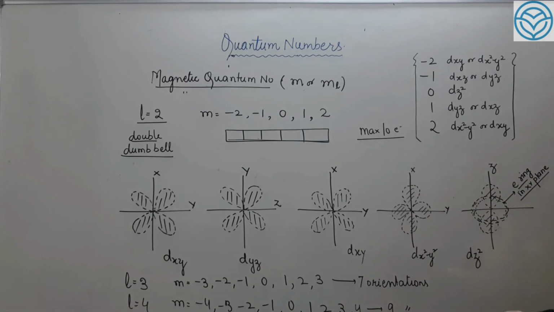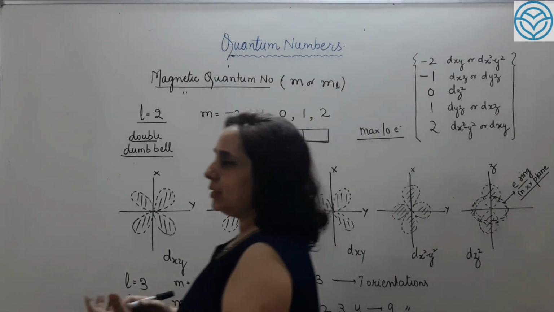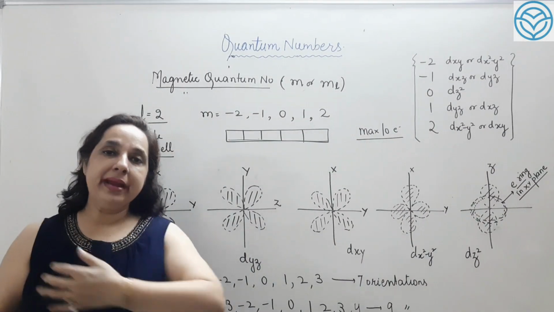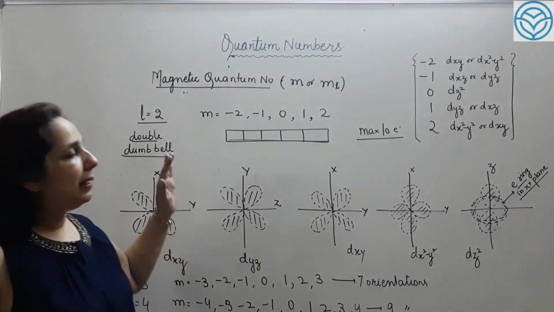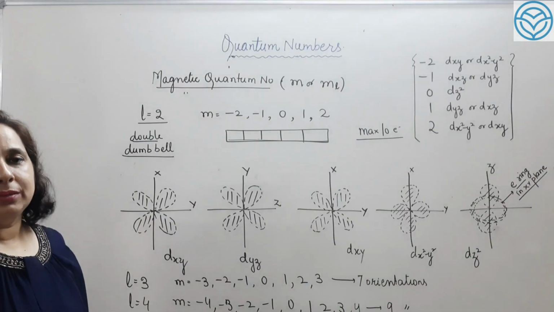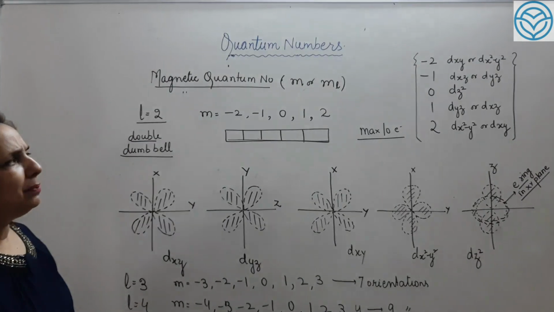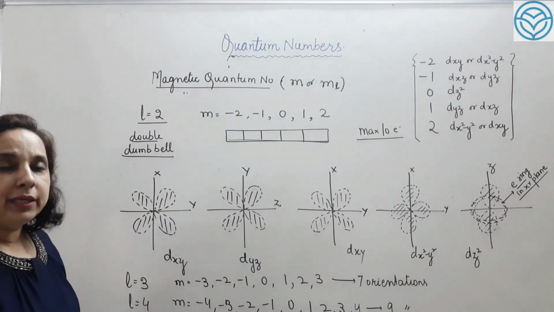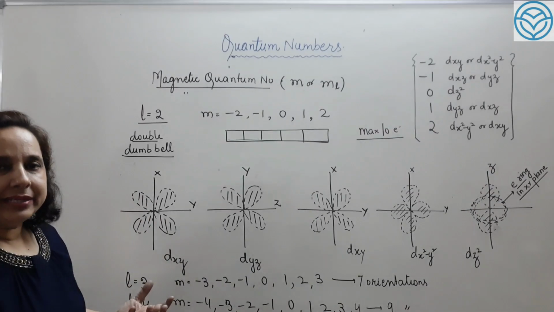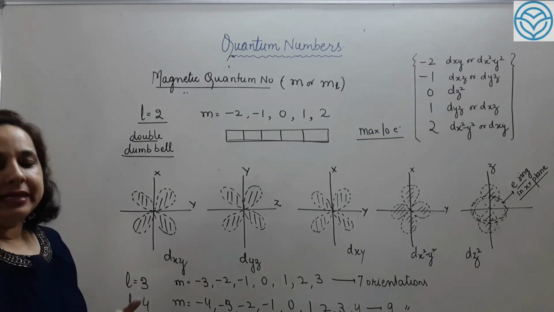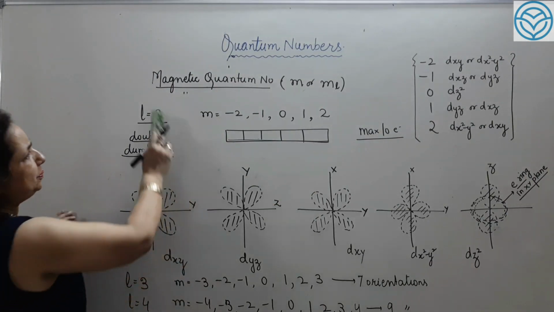It means every subshell is going to give us some orientations, or we can imagine them as a number of beds. Each bed is going to have 2 electrons, which is explained by the quantum number called the magnetic quantum number. Although this quantum number does not explain any magnetic property of an atom, its origin is from the magnetic field interaction. That's why it is named the magnetic quantum number.